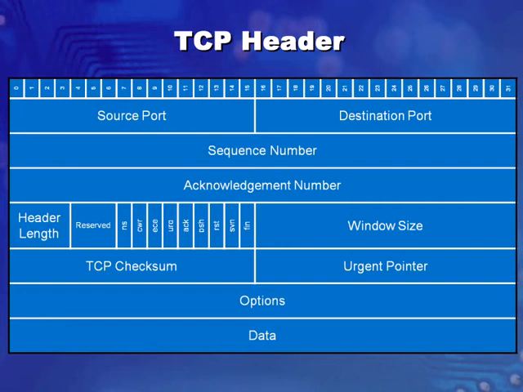So in that particular case, the random source port allows us to open multiple application windows pointing to the same server, and that server is all listening on port 80 or whatever well-known port number on the destination side. So the destination side should be your well-known port number, at least in the transmission side of going from the client to the server. Now when the server responds back, it's going to switch those.